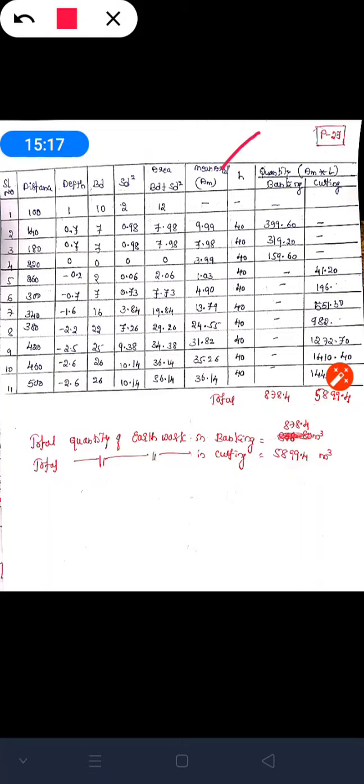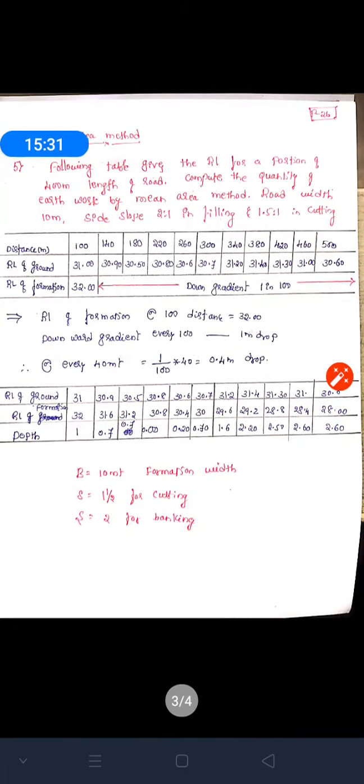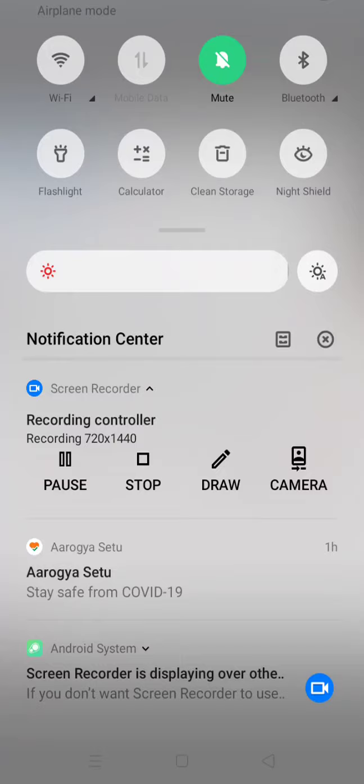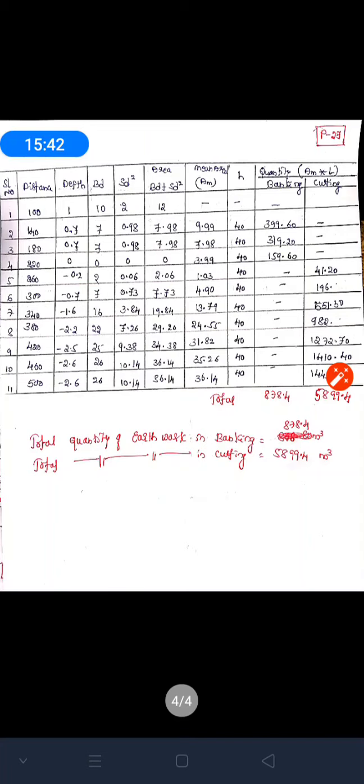Okay, now the starting chain is 100. For the starting, the depth is a positive value. Sorry, I have not mentioned the banking and cutting values here, so that is the reason.